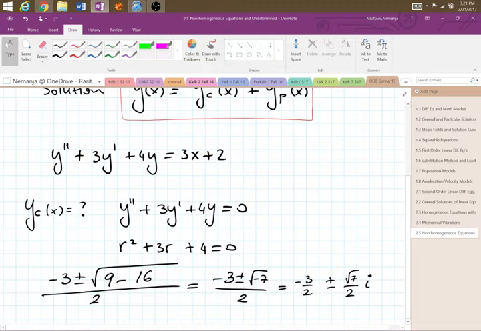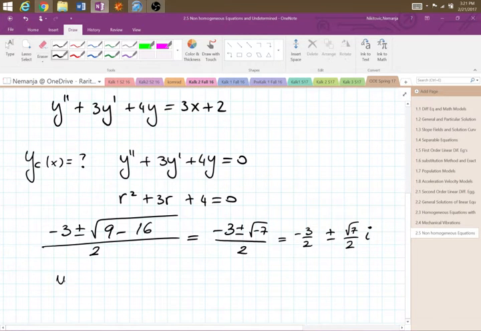So y complementary with respect to x is going to be e to the negative 3 halves x, and then we have cosine, sorry, c1. Oh no, we used a. Let's use a.